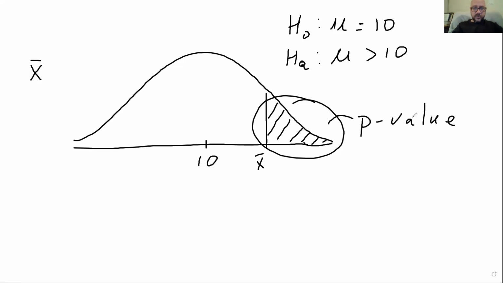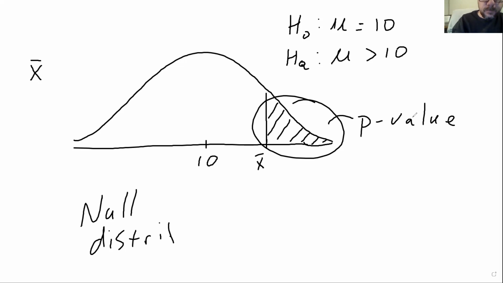This distribution, by the way, is called the null distribution. It's called that because it is the sampling distribution of the relevant statistic that we would get if it was the case that mu was actually 10.